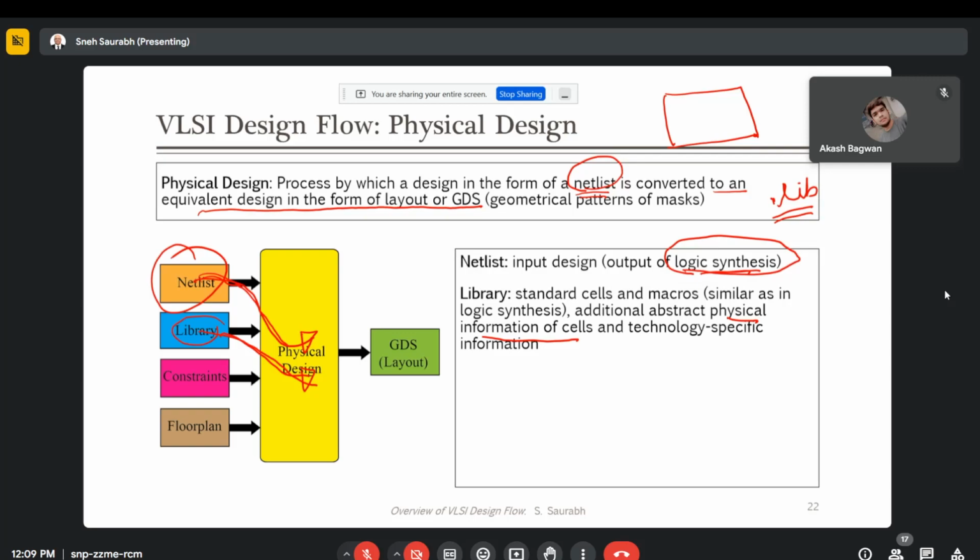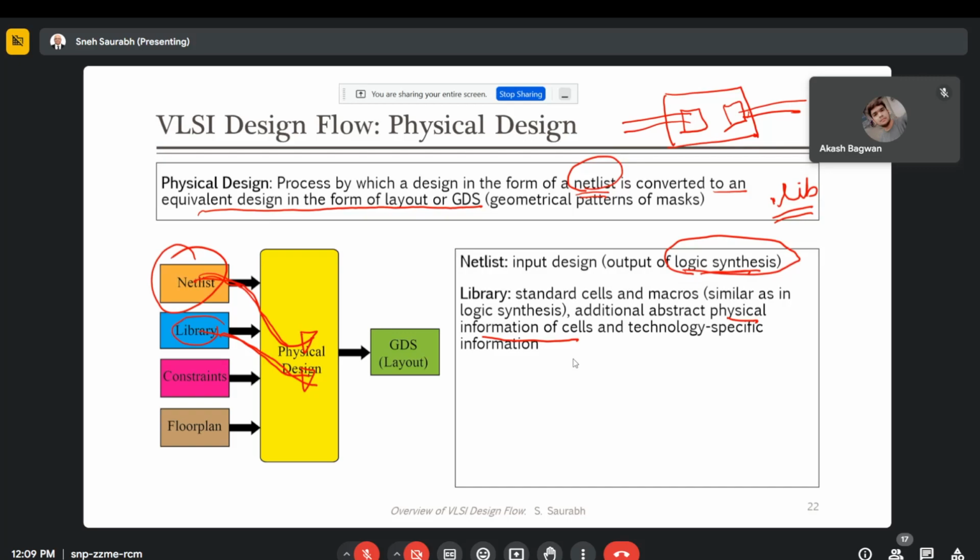On this inverter, this is the input and this is the output. During physical design, the tool needs to connect the input and the output and do the route, right? So the tool needs to know the structural information about the cells also, meaning what is the bounding box of the cell, where the pins in the cell are located, and so on.